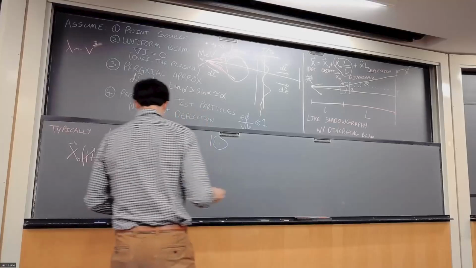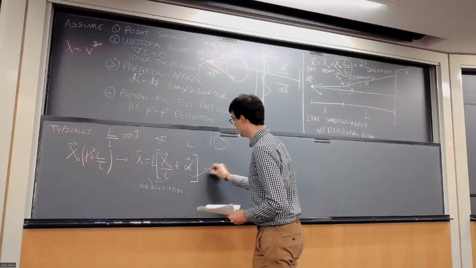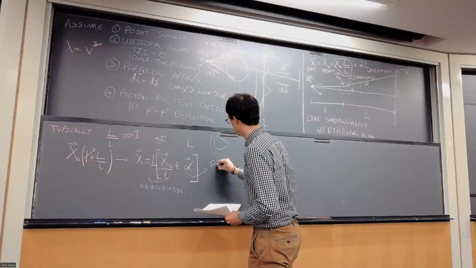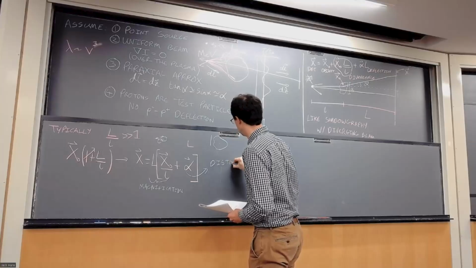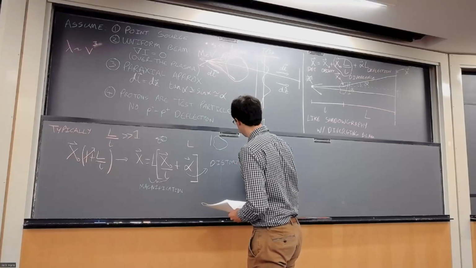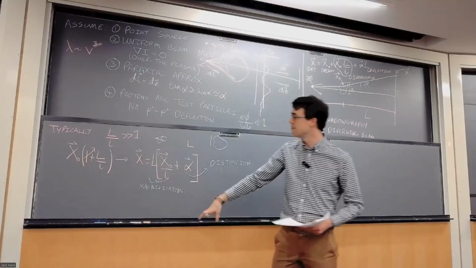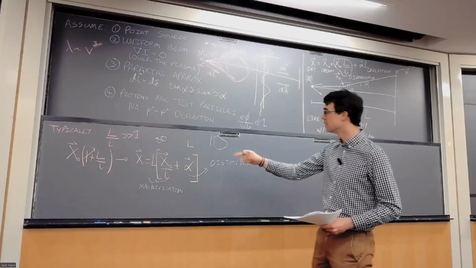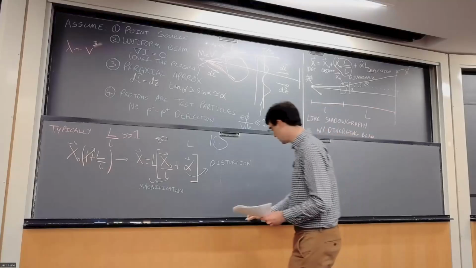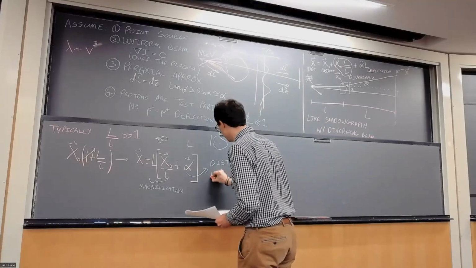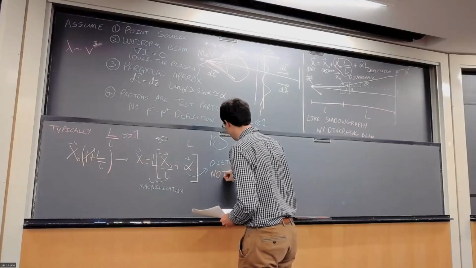And this second term here is distortion, because the rays are being deflected. If we didn't have the distortion, this would just be an imaging system with magnification. Because the rays are being deflected, we have distortion, and because it's distortion, proton imaging is not imaging.